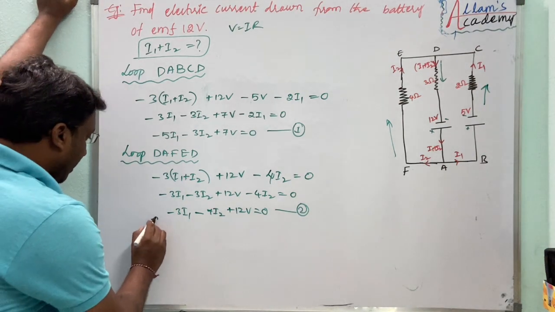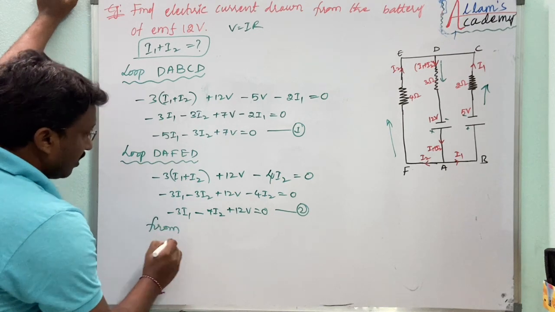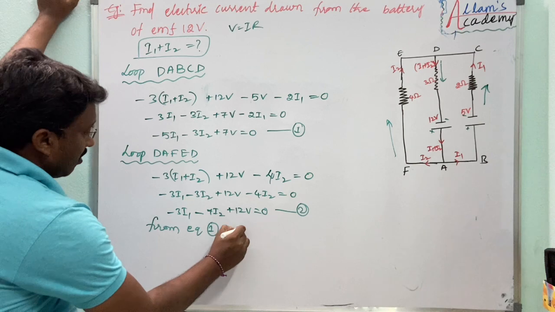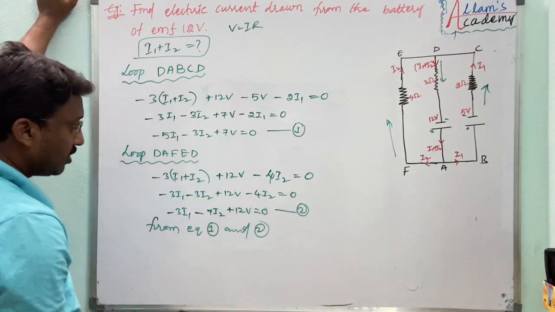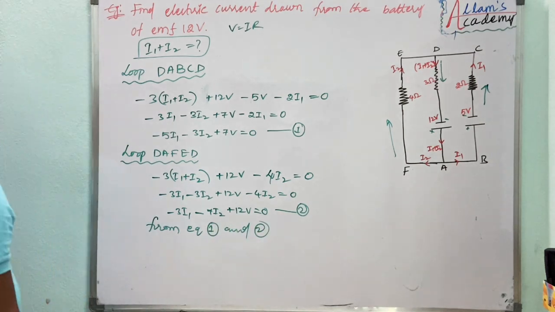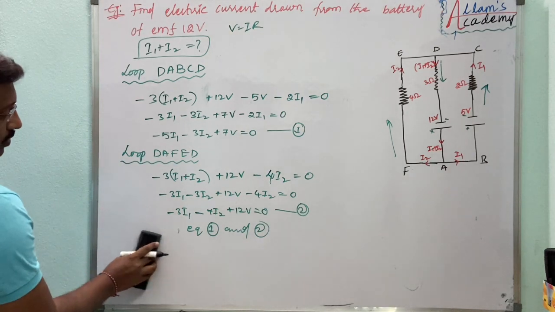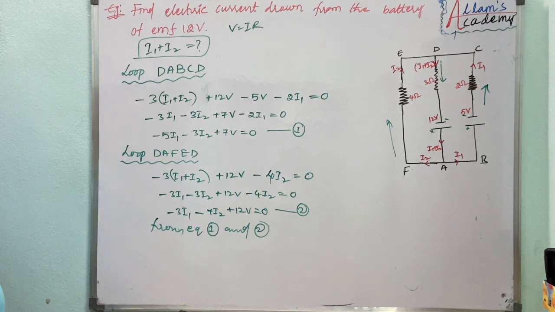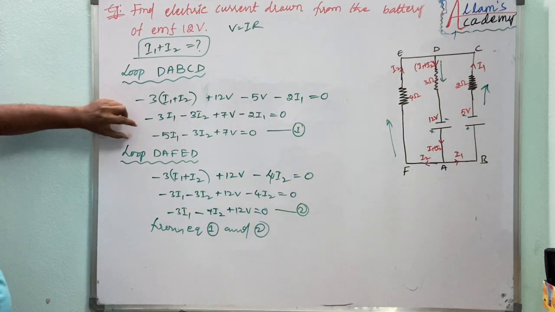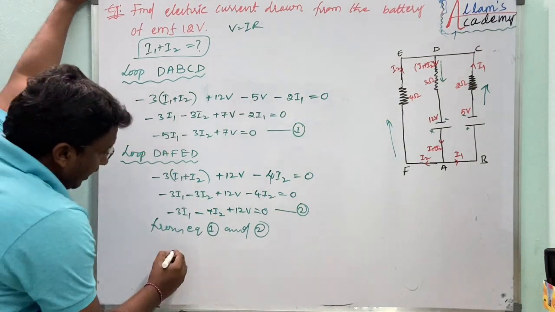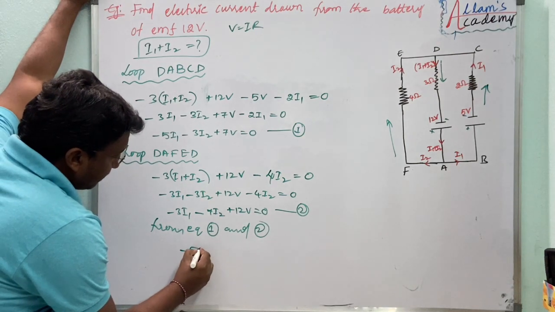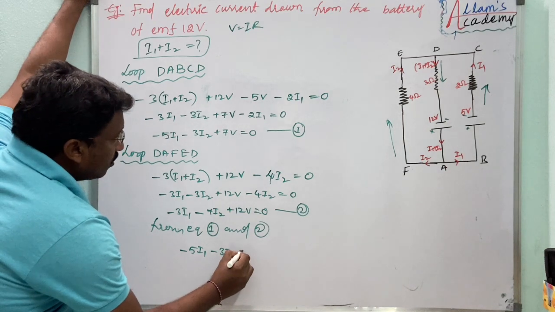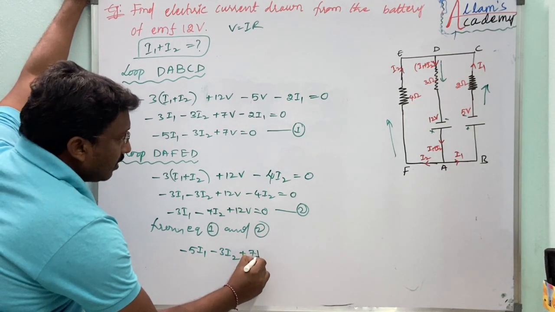So finally, from equations 1 and 2, by solving the equations. The first equation is minus 5 I1 minus 3 I2 plus 7 V equal to 0.